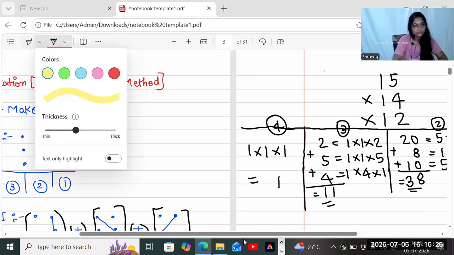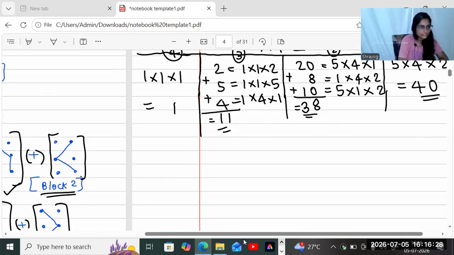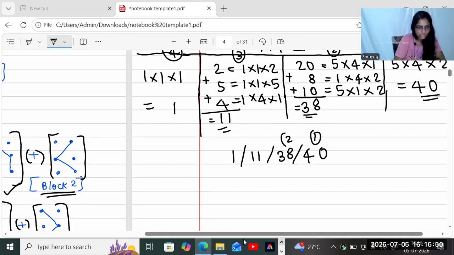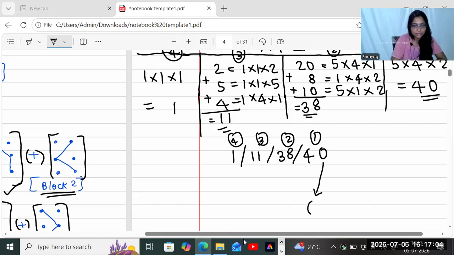Now what I'll do here is accumulate all the answers in the form of the thumb rule method. In the thumb rule method, there is always a slash like this after every 2 digits. And just remember one thing: from each block, I have to take only 1 digit for my answer. So the last digit of block 1 will be as it is in the answer.